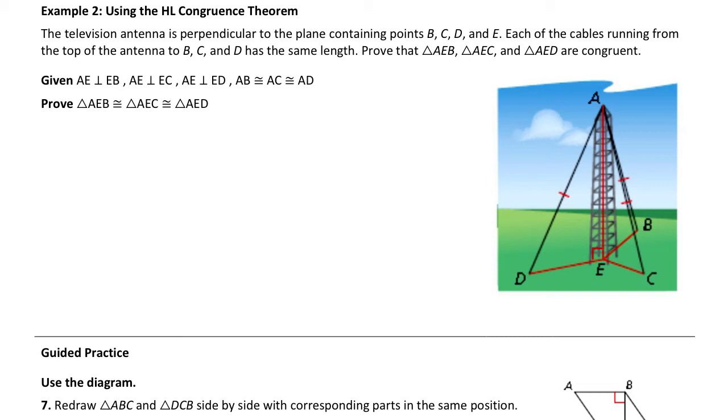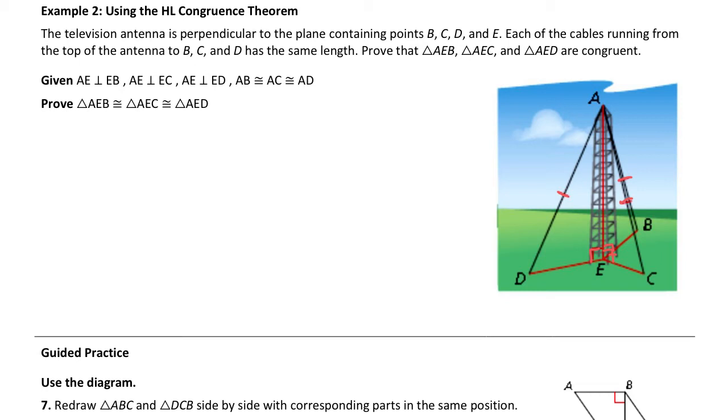So it says, given AE is perpendicular to EB, AE is perpendicular to EC, AE is perpendicular to ED. That means all of those angles formed with the ground in the tower are right angles. And then AB, AC, and AD are all congruent.